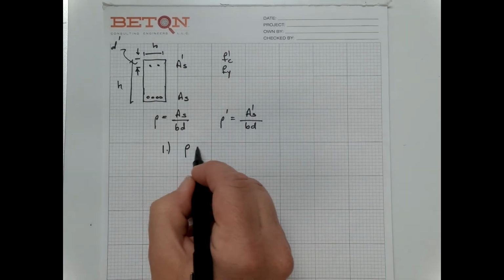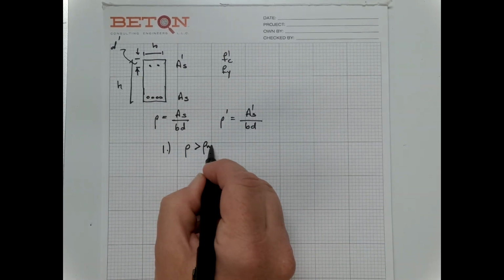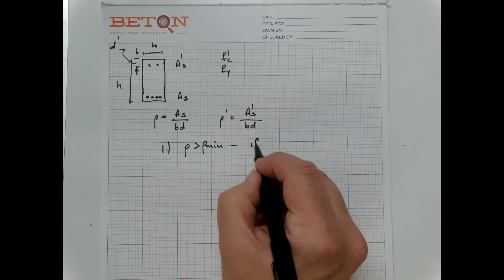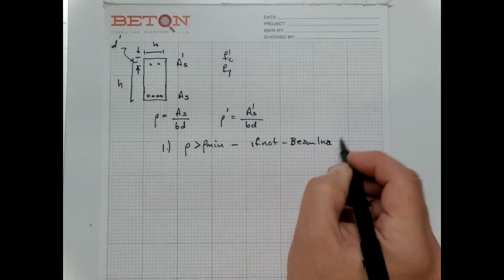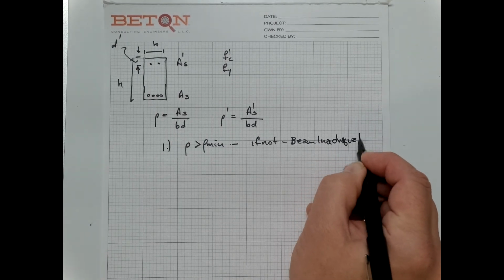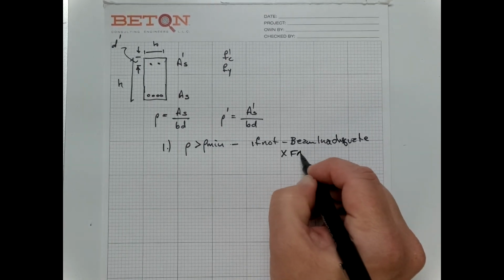First check, rho has to be greater than rho min. If not, the beam is inadequate. Fail.